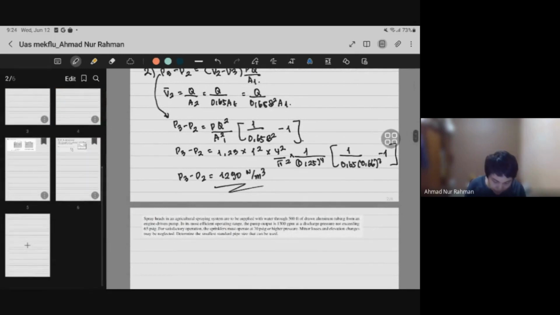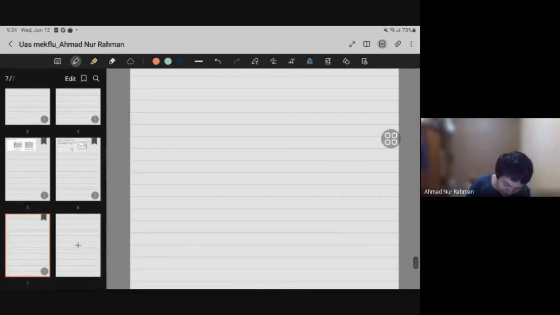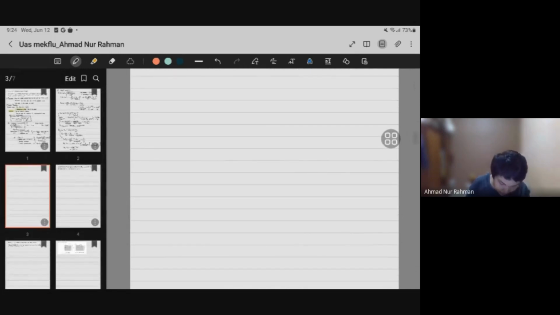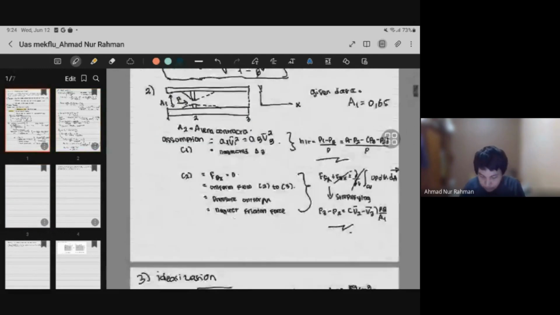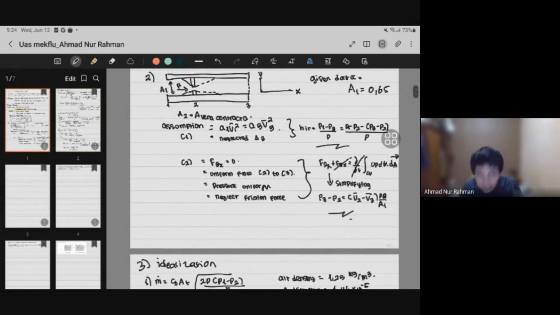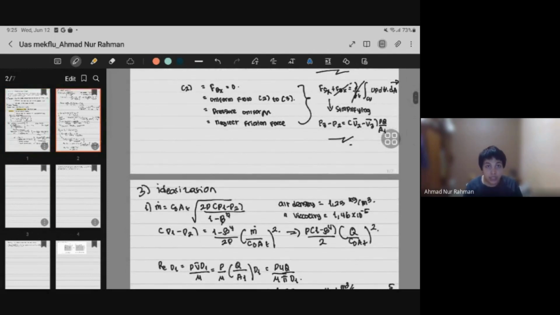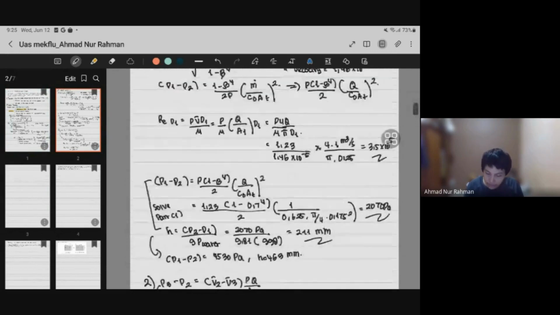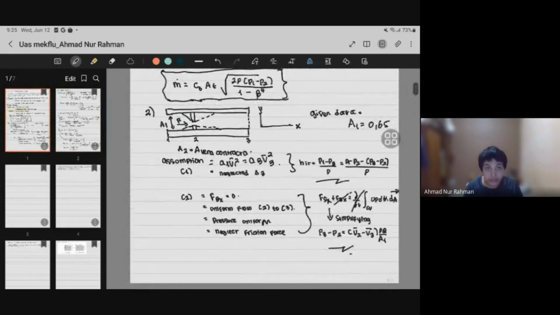So the next step is to find the head loss, which we get by substituting into this equation.